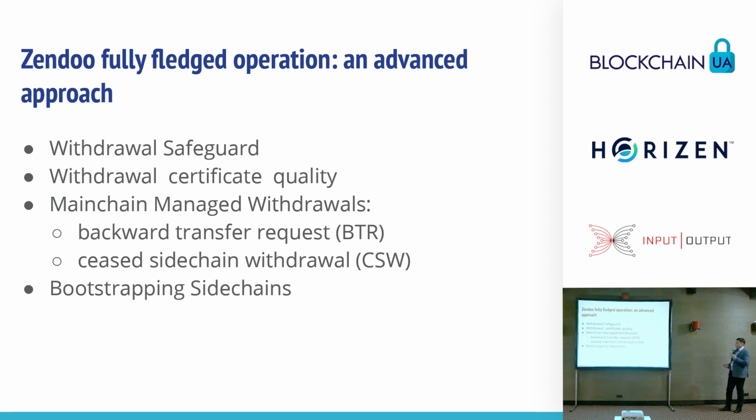If the sidechain becomes dead, we call this a ceased sidechain withdrawal. No blocks are produced, nobody can send the certificate. In this case, if a user has some coins in the sidechain, he can use such a feature, which is called ceased sidechain withdrawal, and in this case, he gets his coins back.